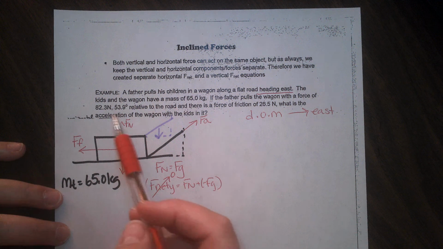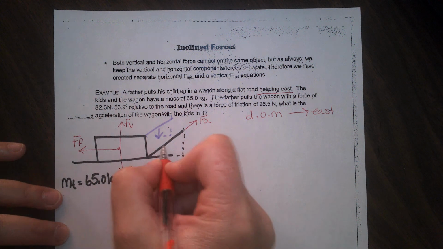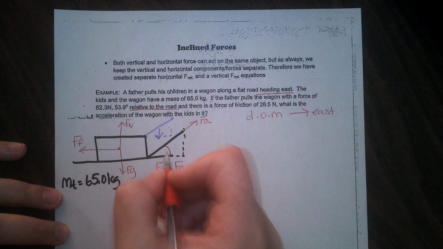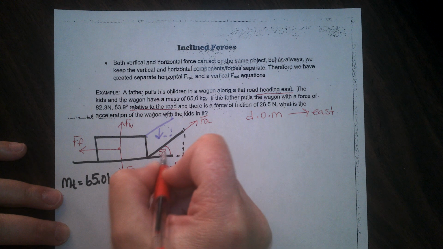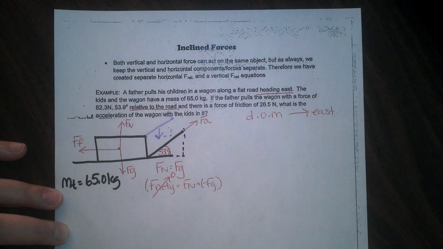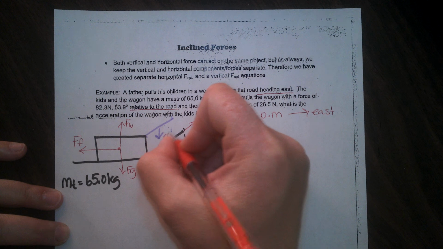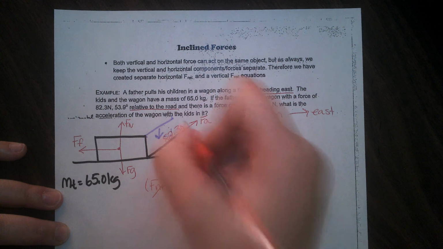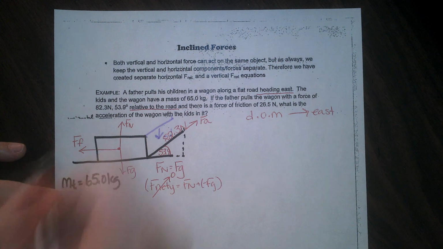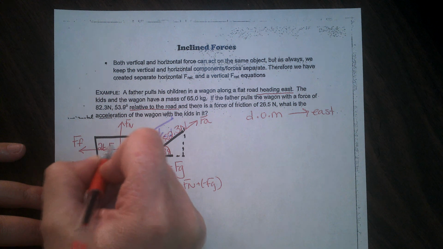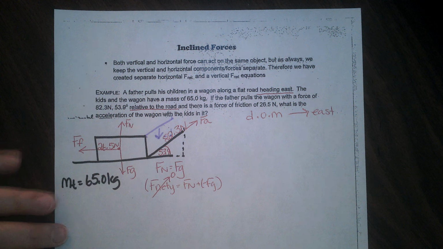It says here that this angle is relative to the road. So that's this angle here, 53.9 degrees, and the force on the angle, or on the hypotenuse, is 82.3 newtons, and the force of friction is 26.5 newtons.